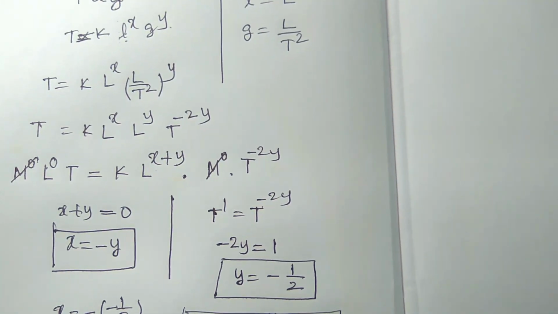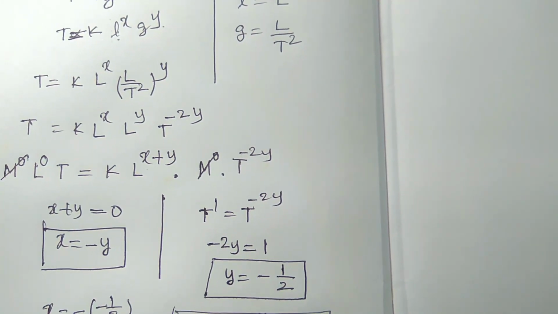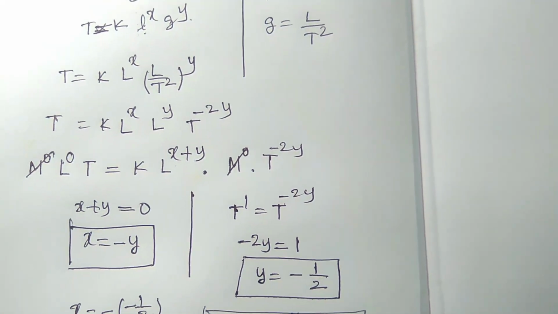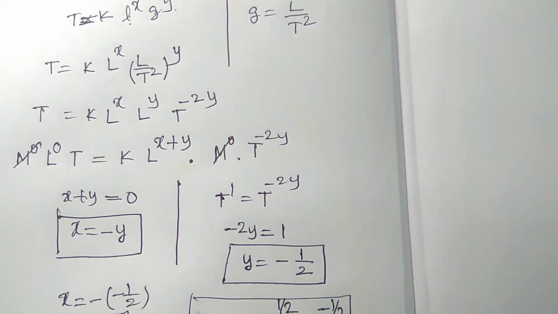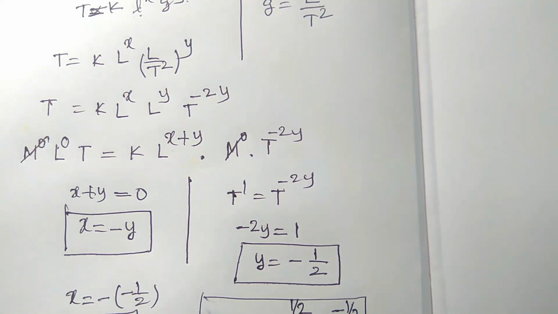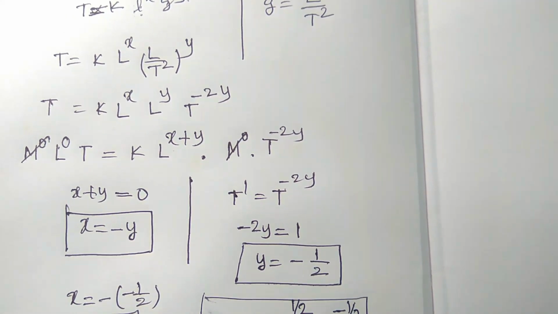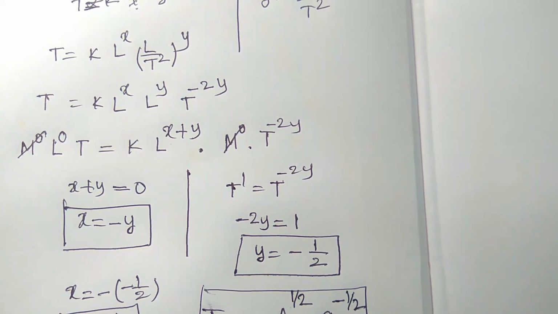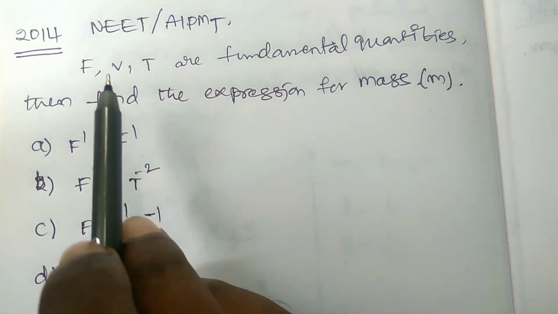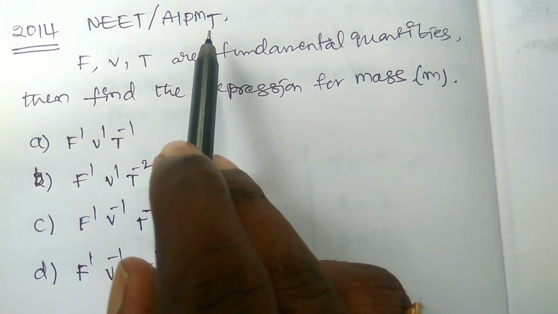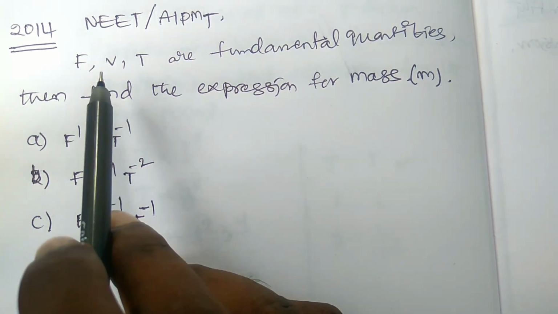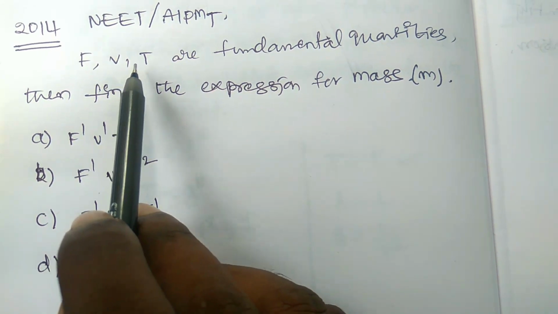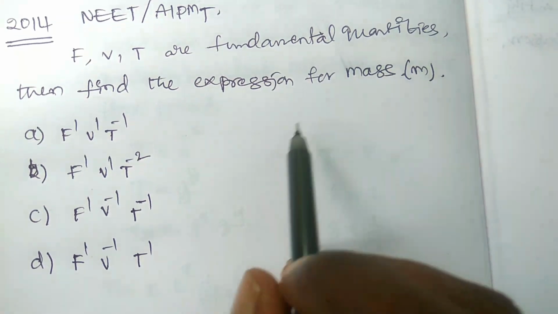And now we have to discuss previous examination questions, that is NEET and CBSE, 2014-15. From this chapter, dimensional analysis, you have to check the problems. So let us start. Here the question is, in 2014 NEET or CBSE, force and velocity and time are fundamental quantities.